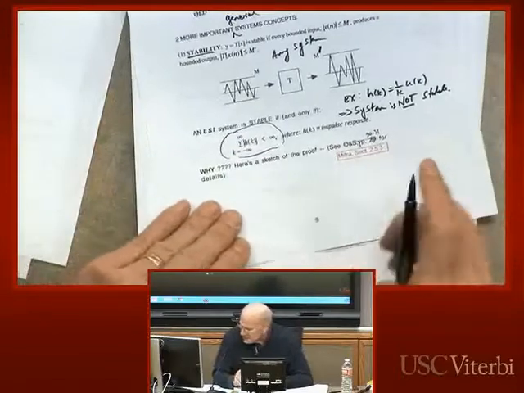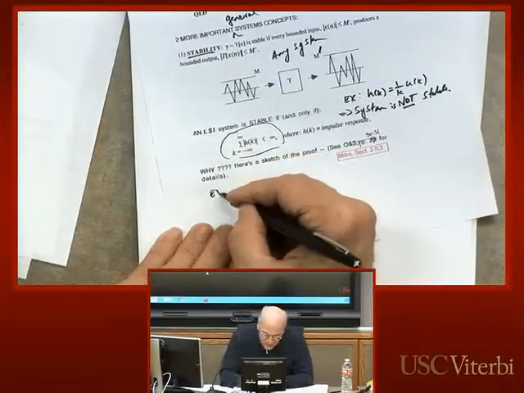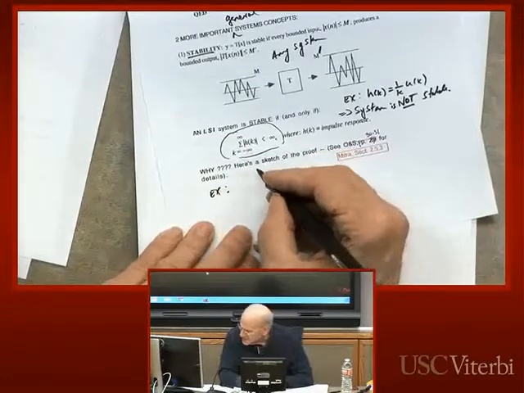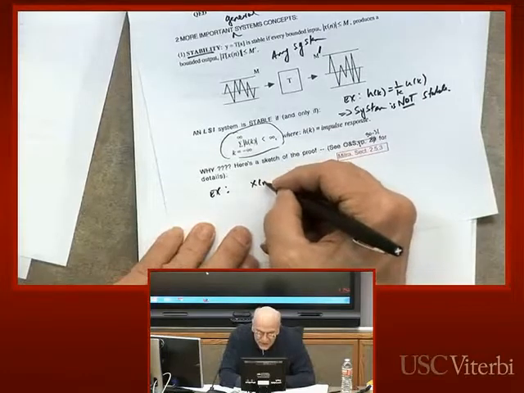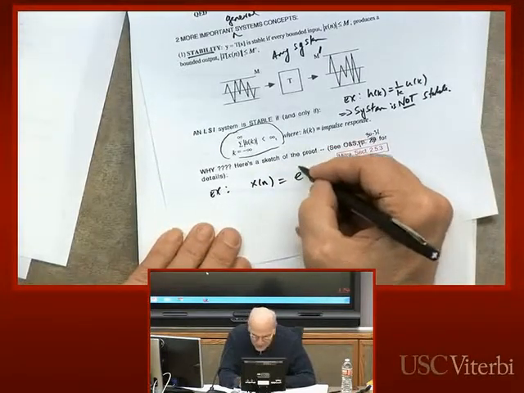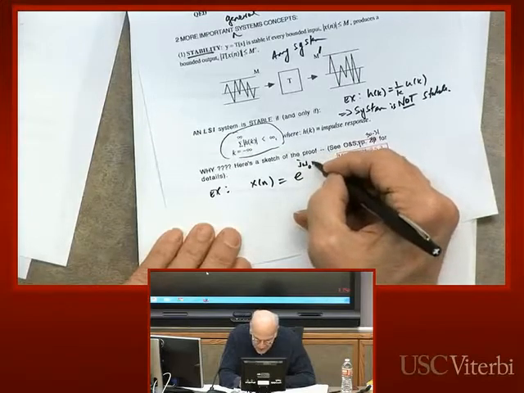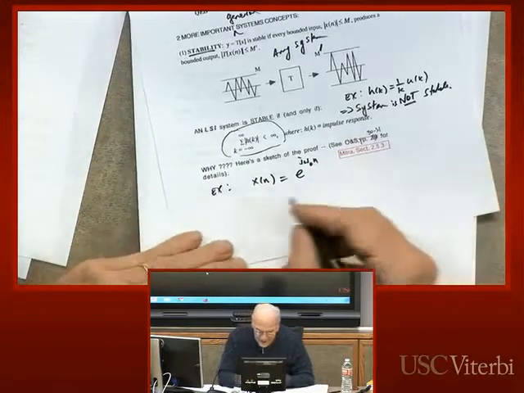So here's an example. This is kind of an interesting question. Suppose we had a linear shift-invariant system, and our input, instead of the delta function, is our friend the complex exponential. So what is y of n?